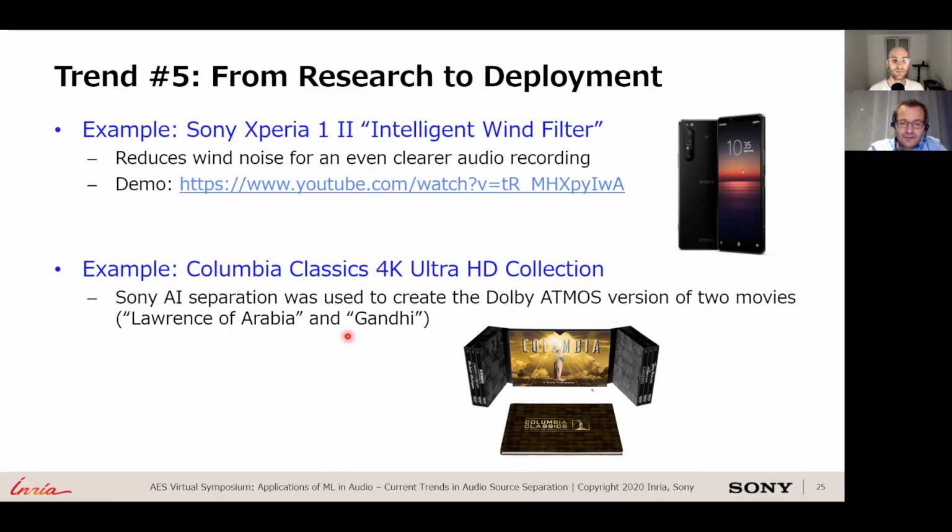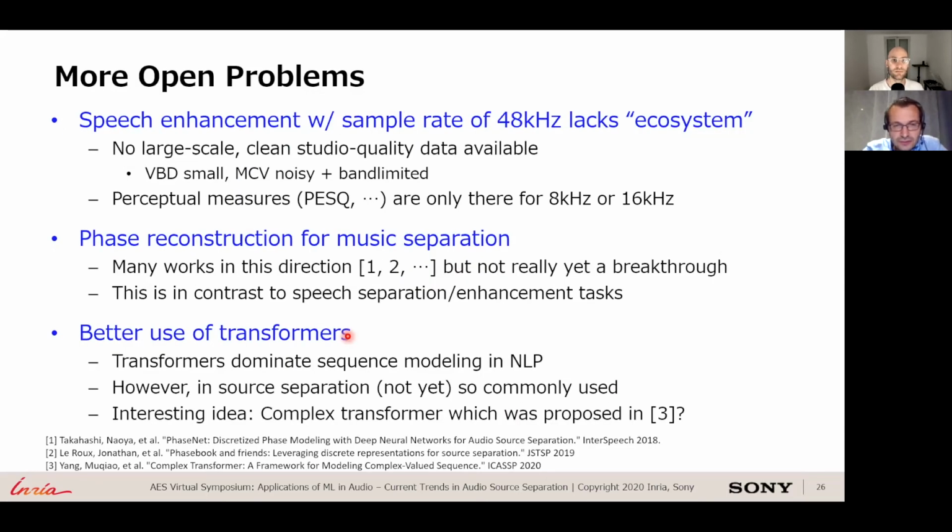So these were now 5 recent trends for source separation. There are some more open problems that we found. So we already mentioned some when talking about the current trends, but there are some more that we would like to briefly mention. First one is that there's currently, in our opinion, a lack of an ecosystem for speech enhancement with a sample rate of 48 kilohertz.